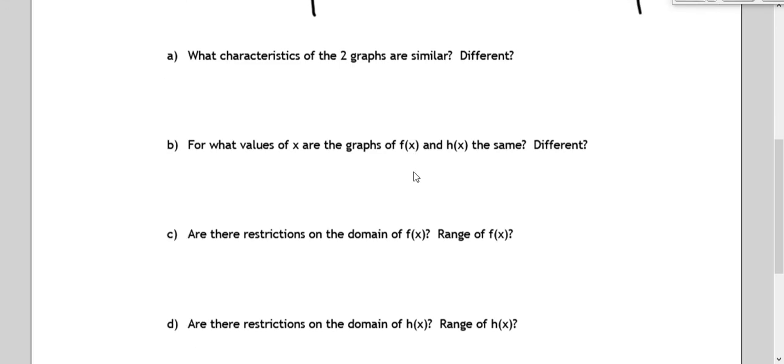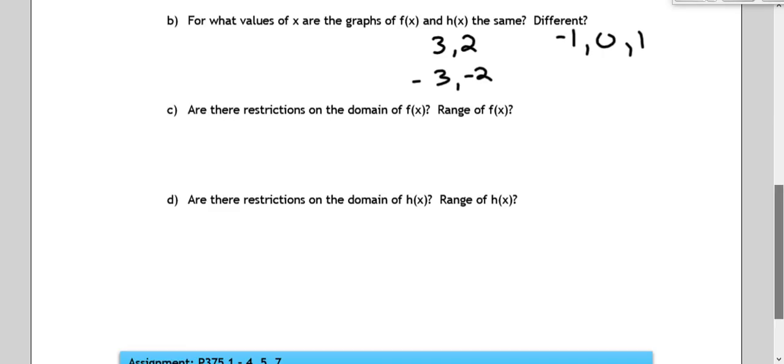So we already talked about which characteristics are similar, for what values f of x and h of x are the same and are different. So if we look at this, the ones that are the same are 3, 2, -3, -2, and they're different for -1, 0, and 1. Are there restrictions on the domain of f of x and range? Yeah.